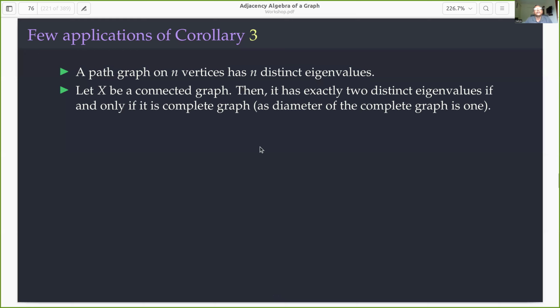If X is a connected graph and it has exactly two distinct eigenvalues, then the graph is a complete graph. It is an if and only if condition. You know, the complete graph has only two distinct eigenvalues, n minus 1 and minus 1. That you already know. Now we are telling the converse also. Do this, right? Does anyone want to comment other than Divya?